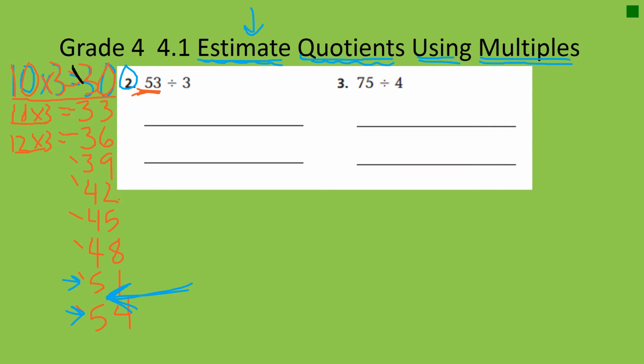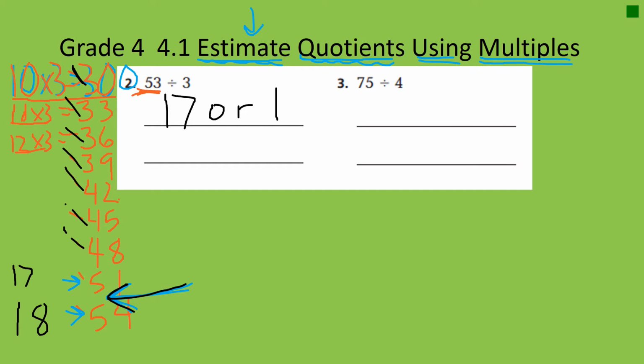That's 10 sets of 3. 11, 12, 13, 14, 15, 16. That was 17 sets of 3, and that's 18 sets of 3. So if you think about 53 divided by 3, the estimate, because neither one of them is the actual, is 17 or 18.